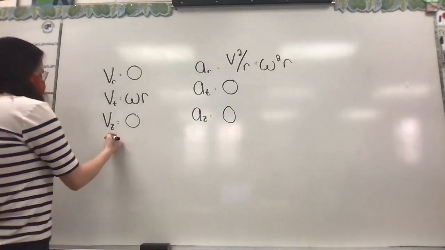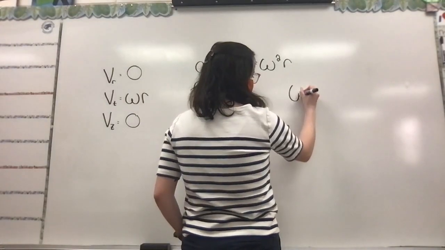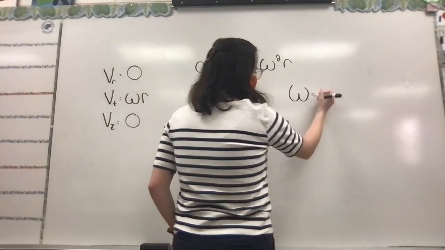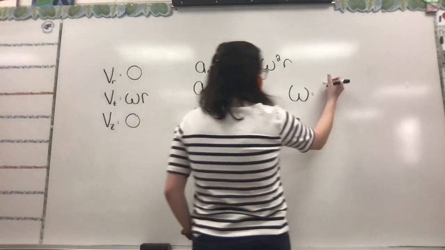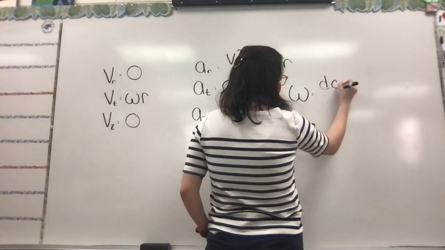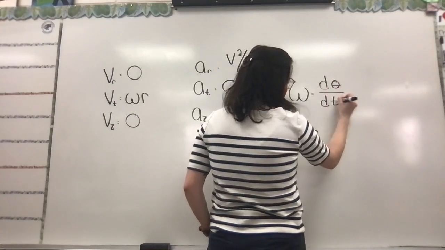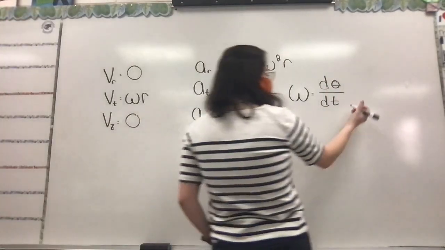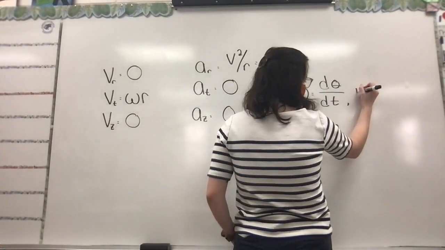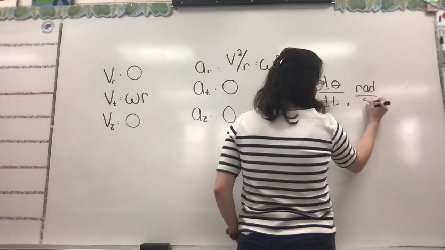And as far as angular velocity is concerned, just to go ahead and introduce you to this, we'll talk about it more in depth later. This, shout out to Donald since he loves calculus, is represented by d theta over dt. And our units for omega, or angular velocity, are going to be radians per second.